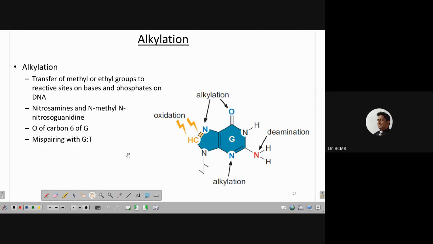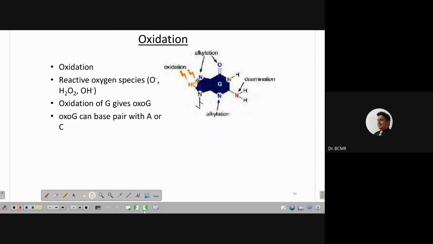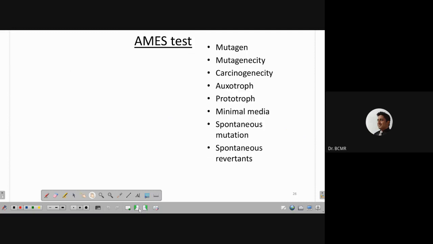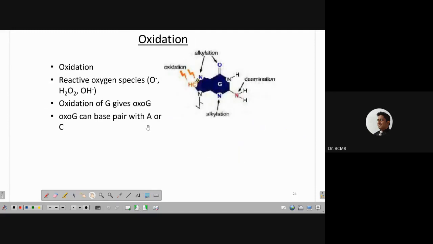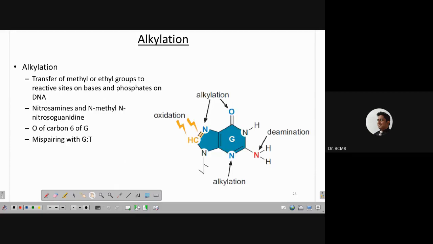If we had an oxo G, I think it should be here. Yes, we will just take it this way. Oxo G is oxidated on this position here. Let me see, this picture is better.